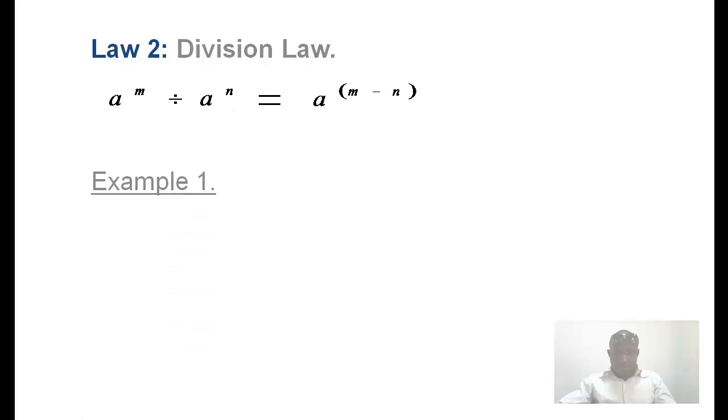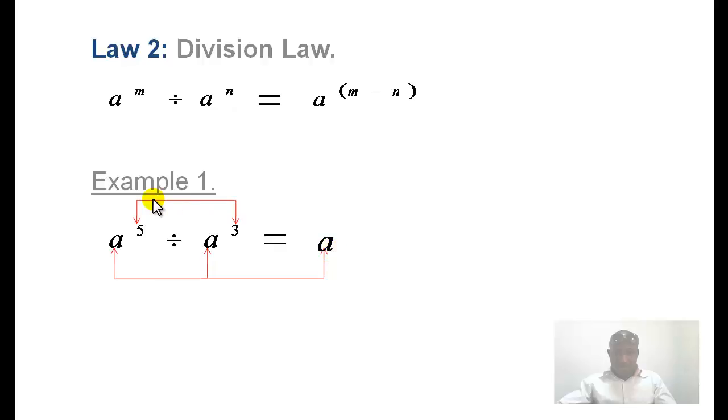In our first example, a^5 divided by a^3 is equal to: the common base in this case is a. We take one of it to the right hand side of the equality sign.